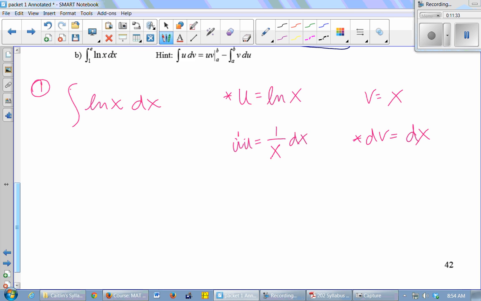Okay, so now I can apply my formula, u times v minus the integral of v du. So u times v, that would be ln x times x minus the integral of v times du. V is x, du is 1 over x dx.